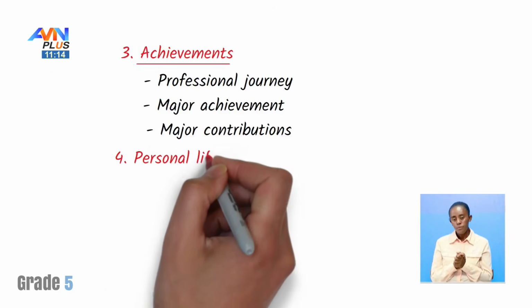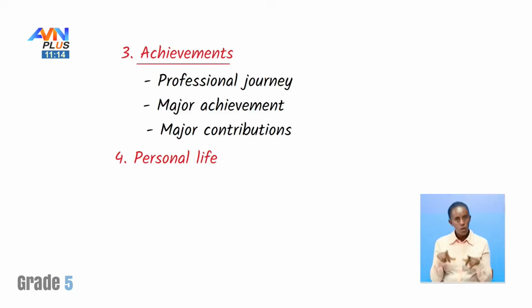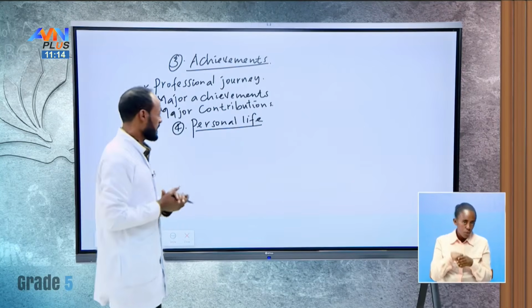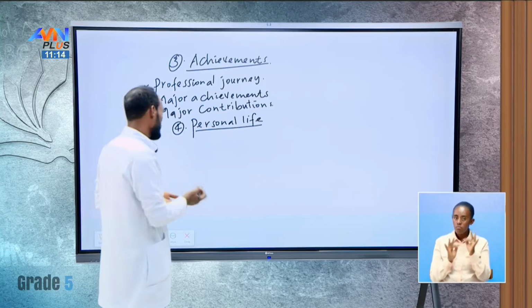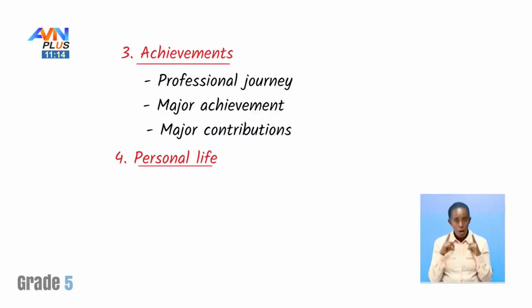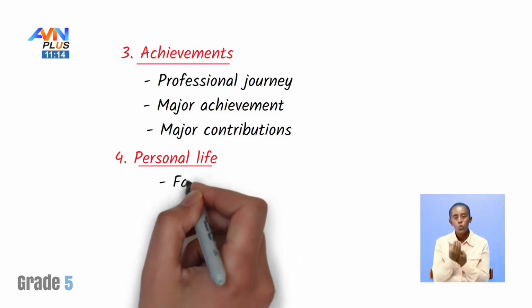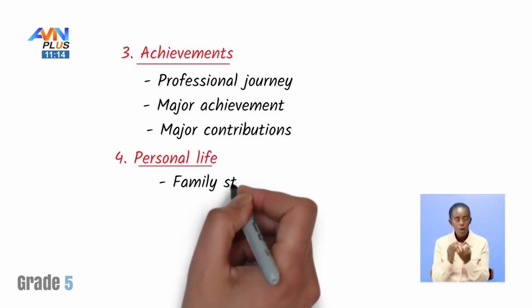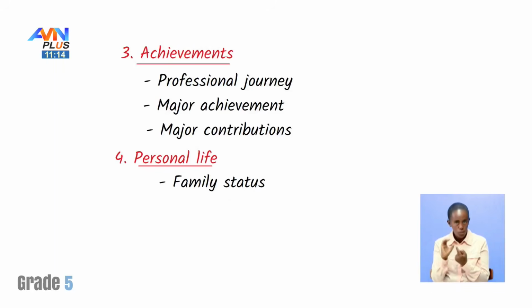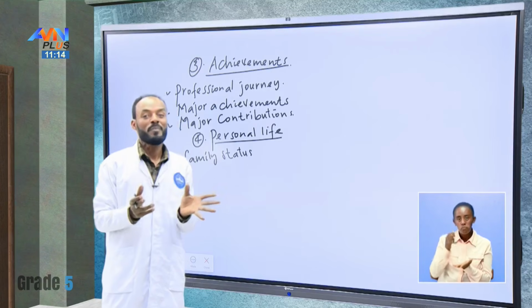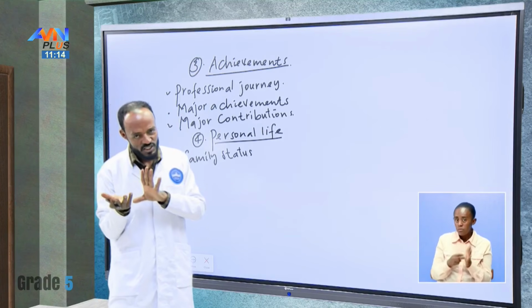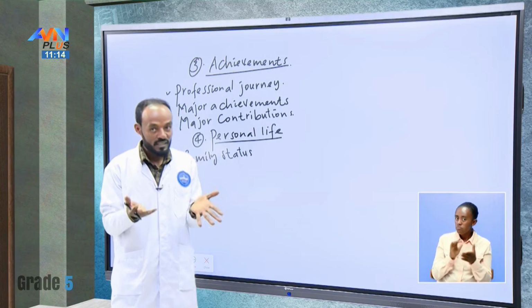The fourth one should be about personal life. Personal life should be included in that person's history. When we say personal life, we mean family status. This means is he or she married, divorced, not married, single?